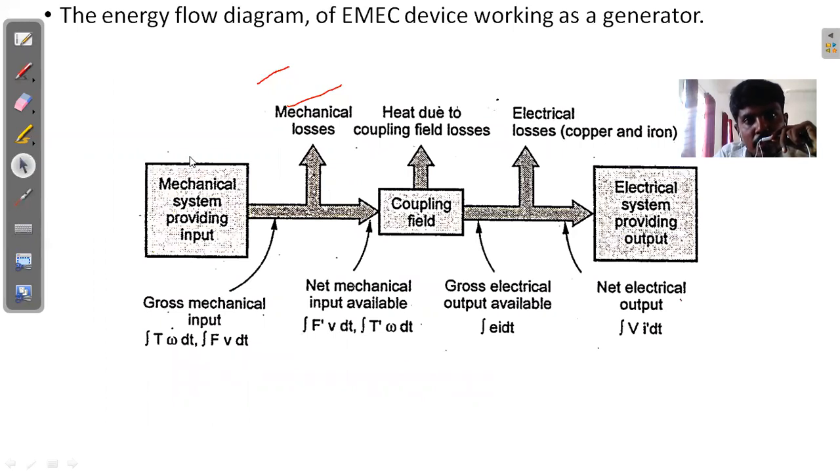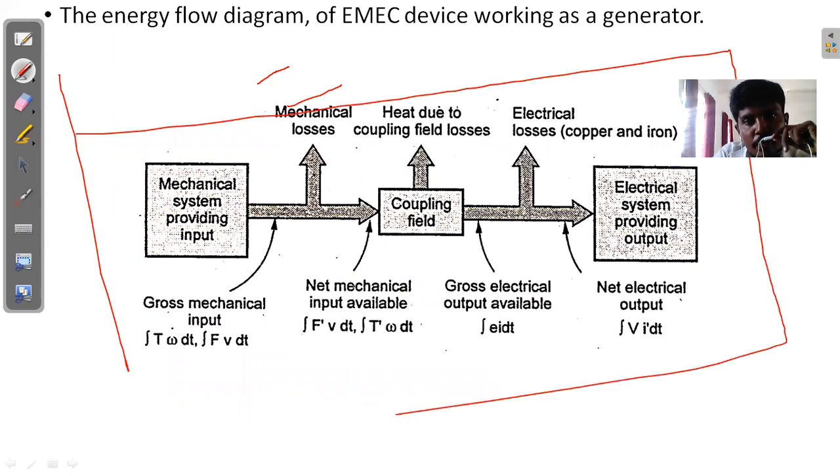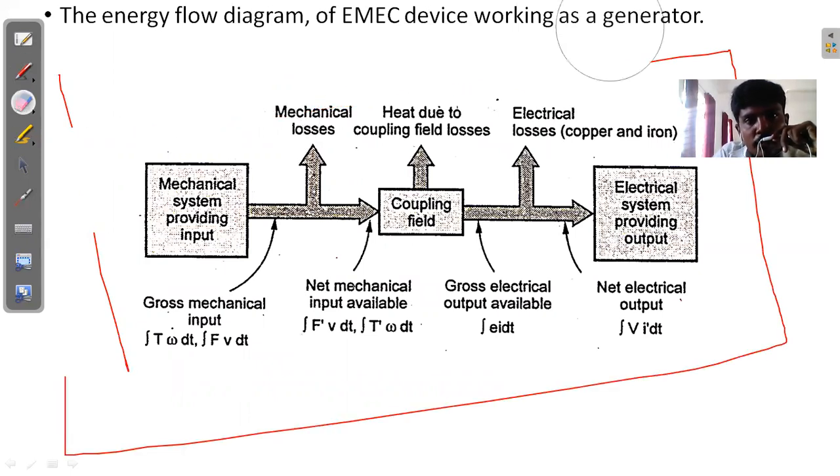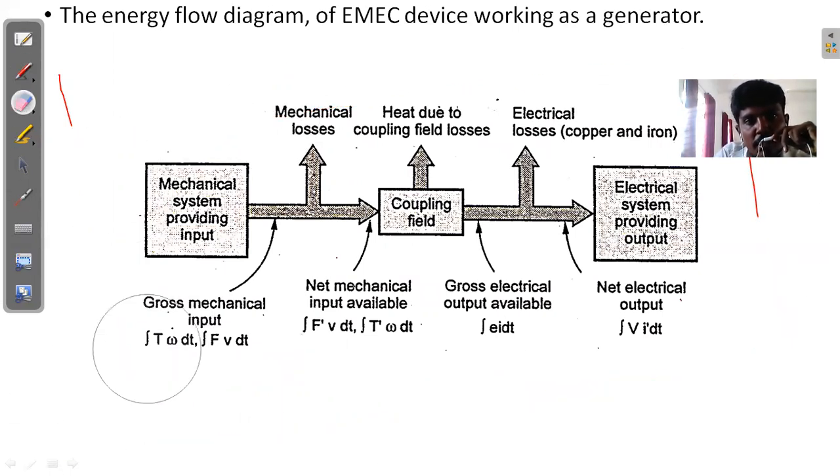That can be represented by an energy flow diagram. See the diagram here. The input is mechanical energy and the output is electrical energy. These are called mechanical losses, in terms of friction loss or iron loss.